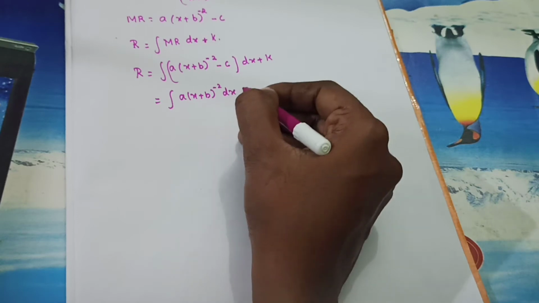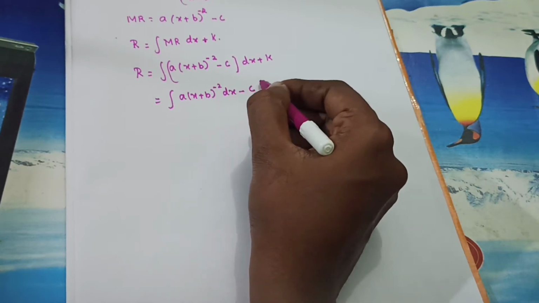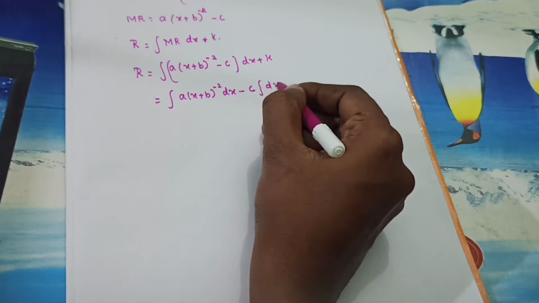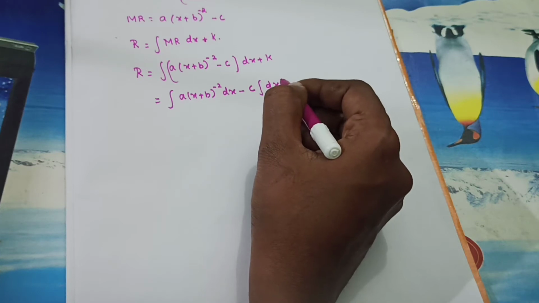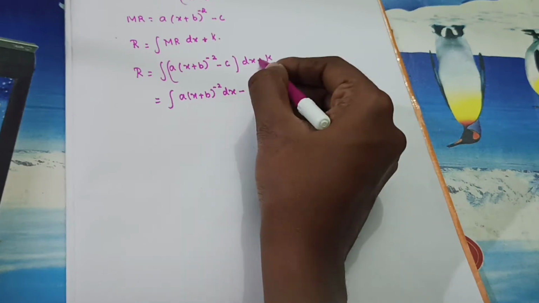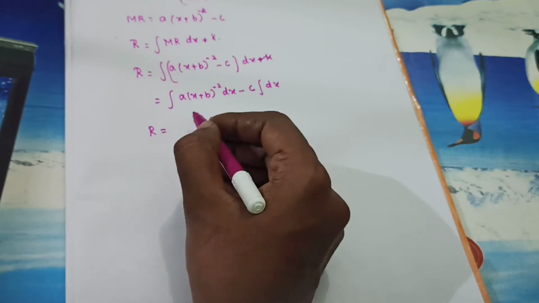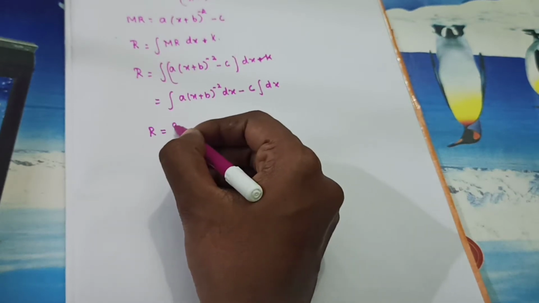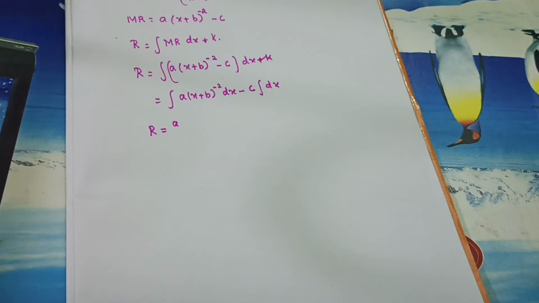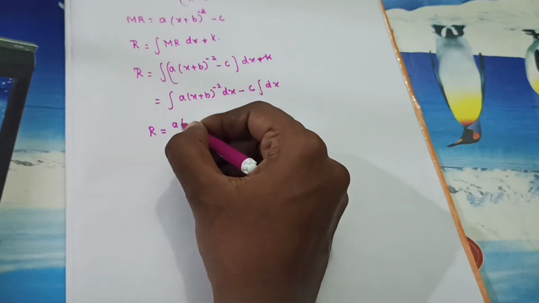That is equal to, next step, a into (x plus b) the whole power minus 2 dx, split into 2 integrals, minus c into integral of dx. After integrating you can apply the constant. So R is equal to a into, what's the integration of this one? Power plus 1, is it right? The x power n formula.